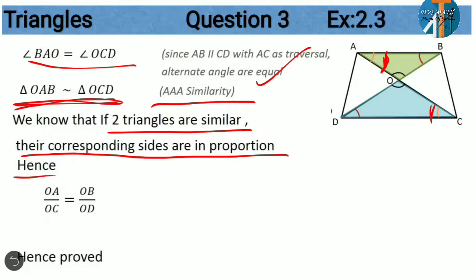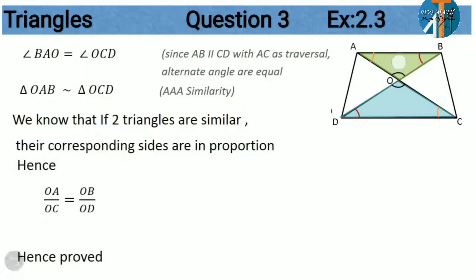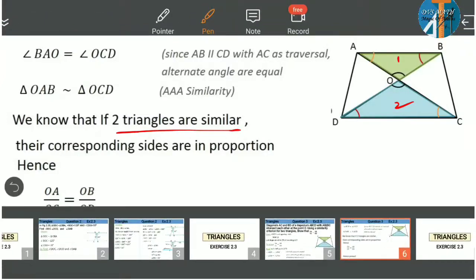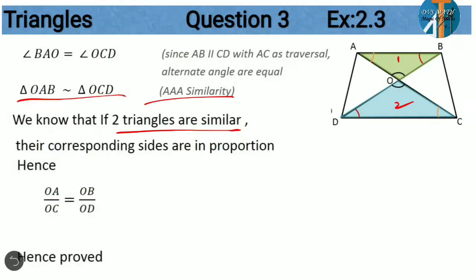What are the corresponding sides now? We proved by AAA similarity that triangle 1 and triangle 2 are similar. Now you have to consider their corresponding sides. If you consider AO of this triangle, then for the other triangle it becomes OC, so OA by OC. Or if you consider OB of this triangle, OD of the other triangle, so OB by OD. So this is our proof.